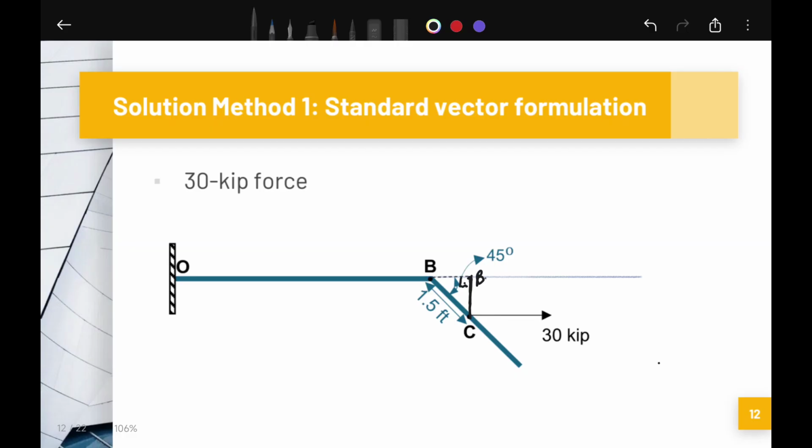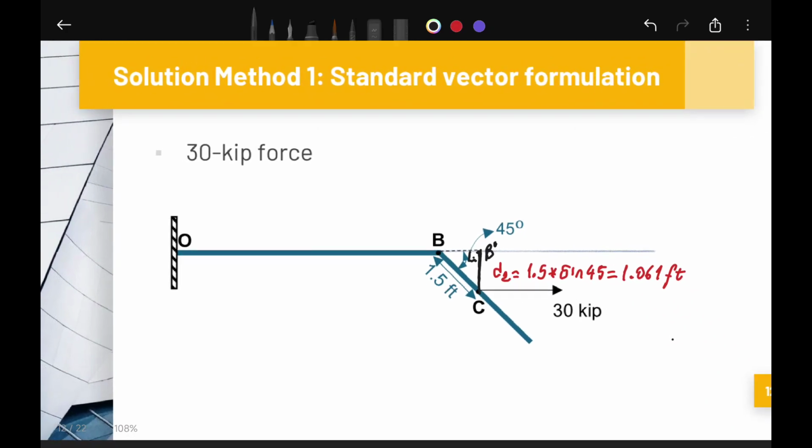I assign the point as B prime, B prime C triangle, and by using trigonometric law, the second perpendicular distance is equal to 1.5 times sine 45. This is equal to 1.061 feet.